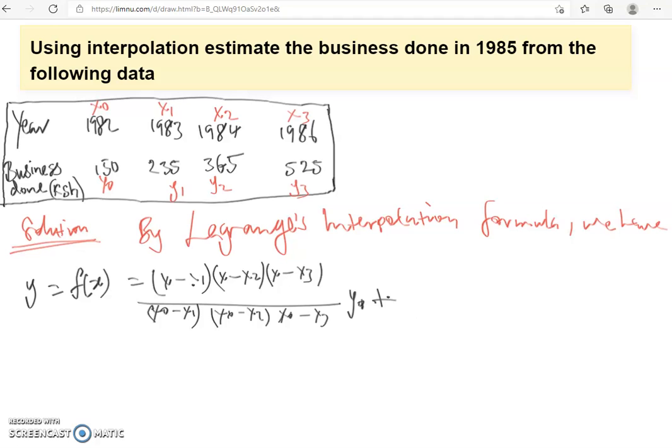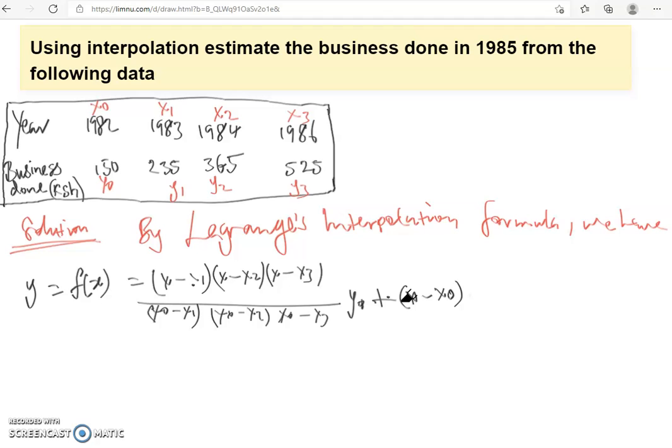let's add the second one. We have how many terms? 1, 2, 3, 4 terms. So we will have the second one. The second one would be x minus x naught.